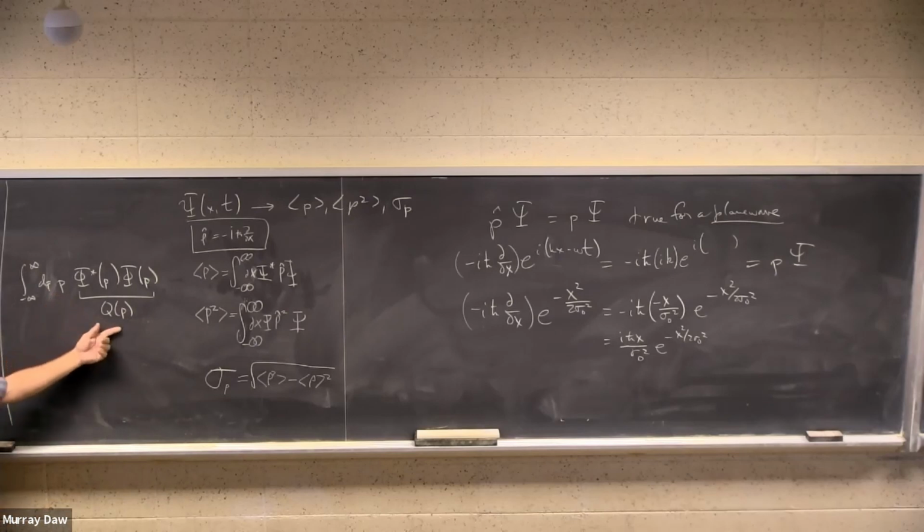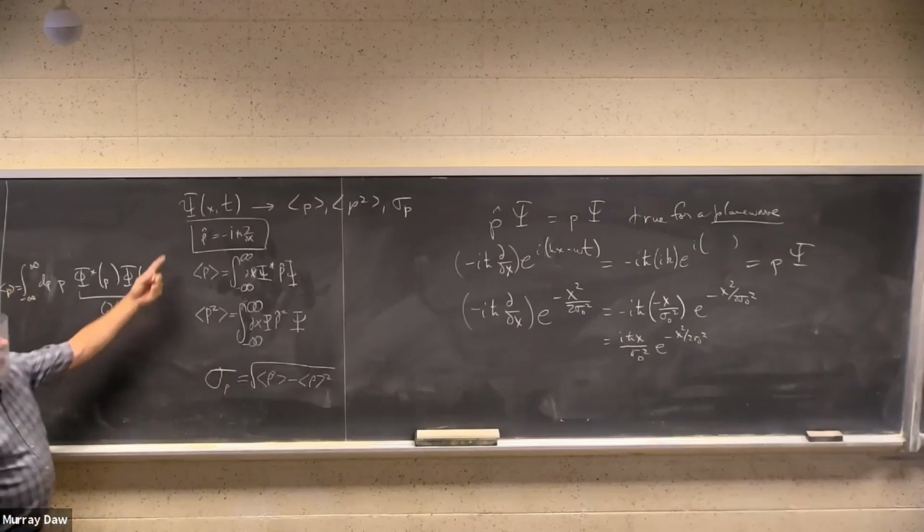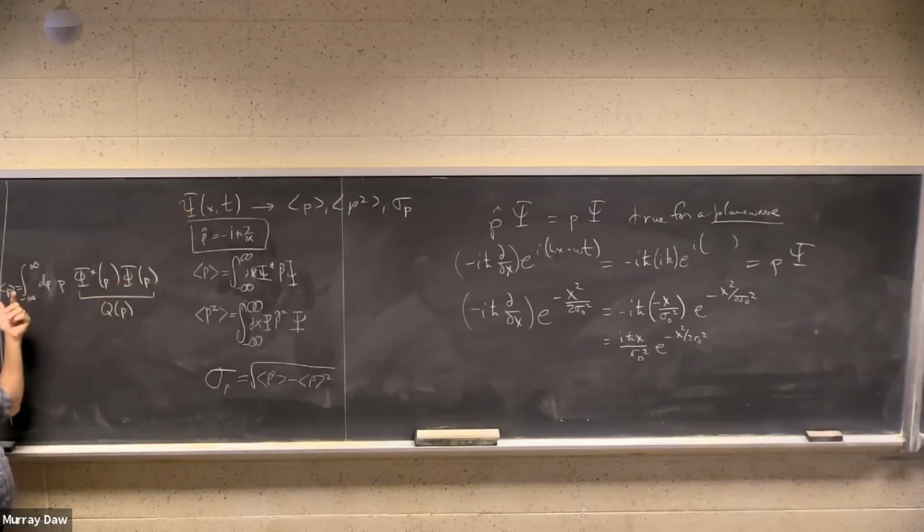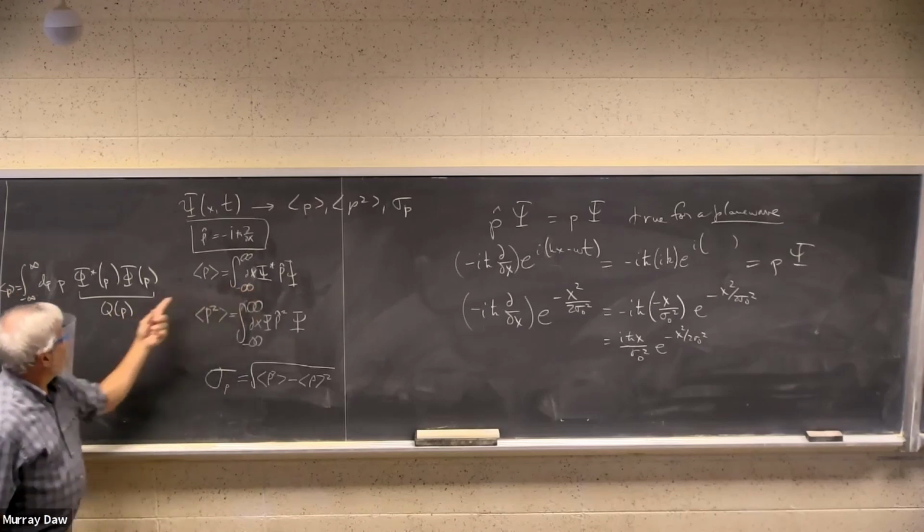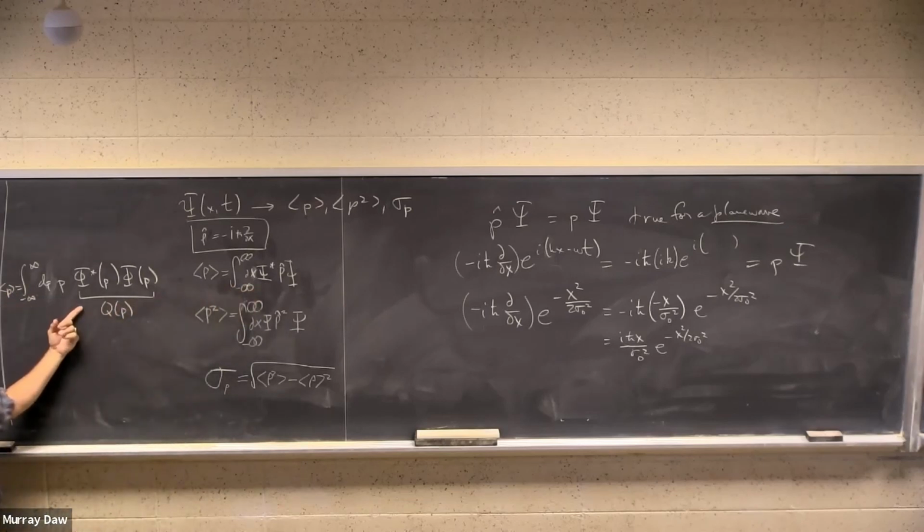Integrate p times that probability over p, and that gives you the average of p. But there's a direct route without having to go through the Fourier transform. This gives the same as this. To see the detail, you need to work on that. It's on page 90, I think. The text goes through the derivation in several steps, all in one place. But you don't have to go through all that work.